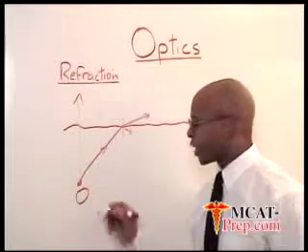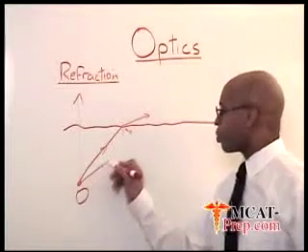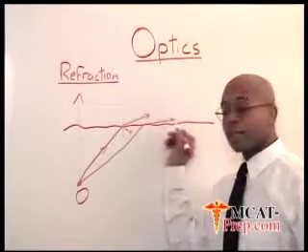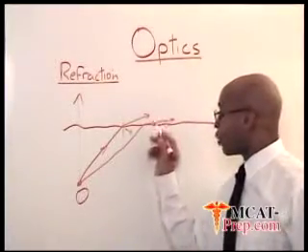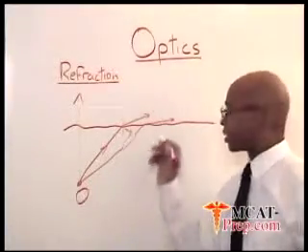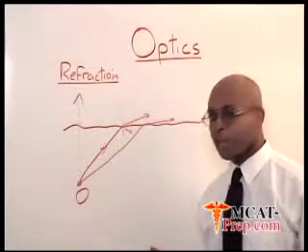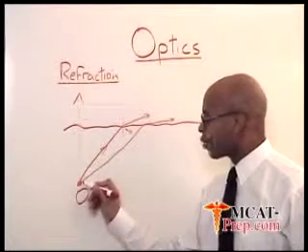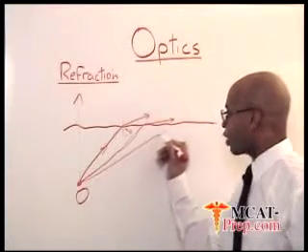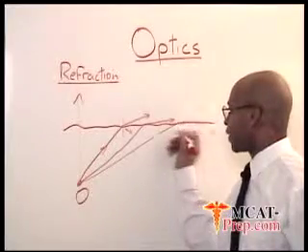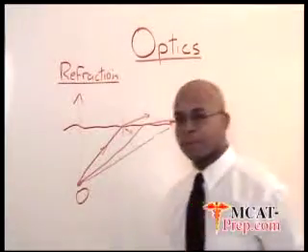But let's go further out. The further out we go, the more the angle of refraction will be increased. And so we have this effect that is starting to occur. Well, there is such a point that if you go far enough out, the angle becomes 90 degrees.